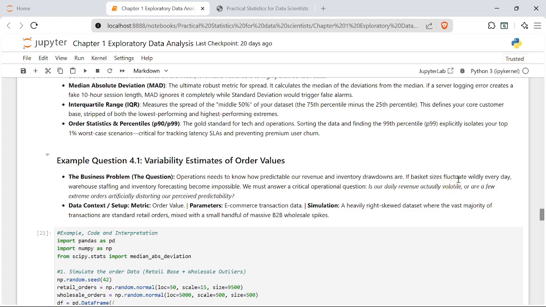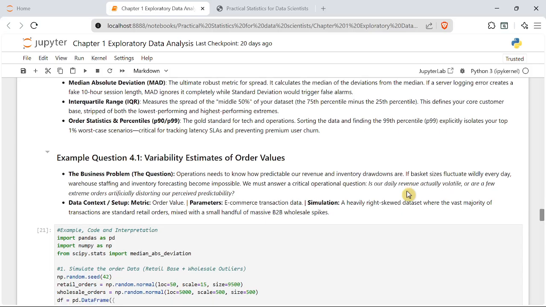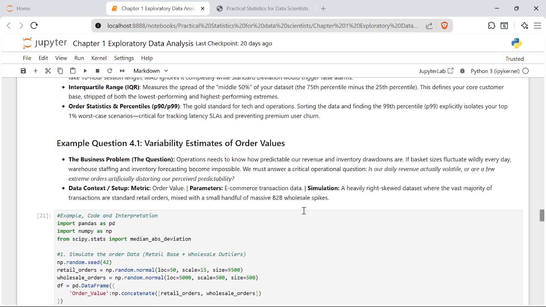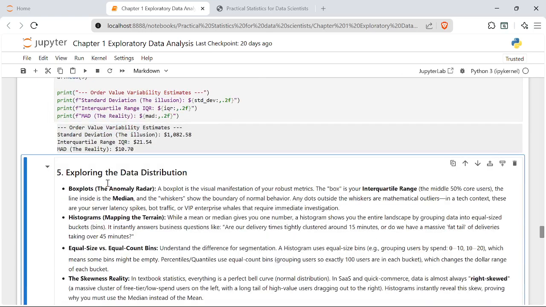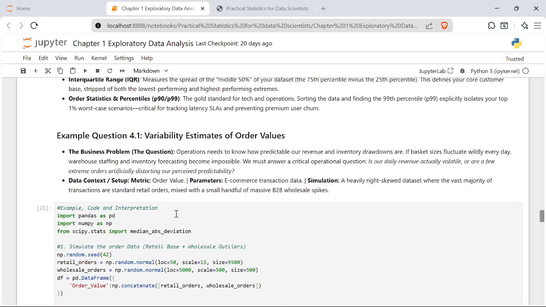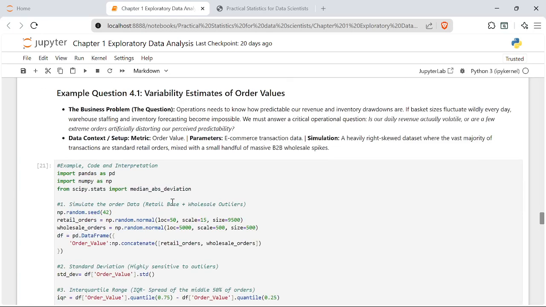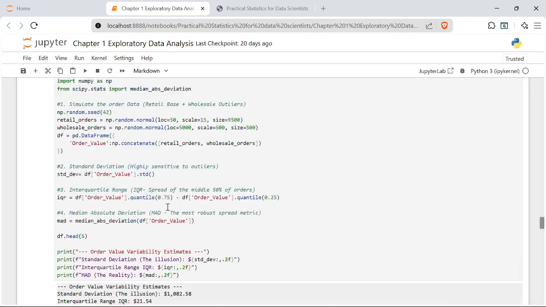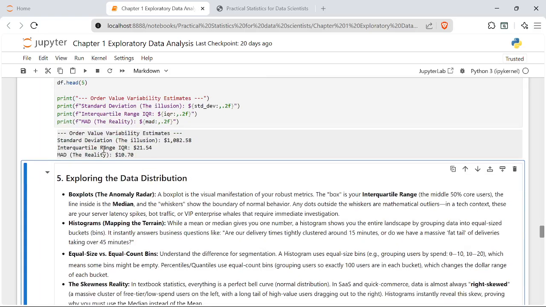If basket sizes fluctuate wildly every day, warehouse staffing and inventory forecasting becomes impossible. We need to answer a critical operational question: is our daily revenue actually volatile, or are a few extreme orders artificially distorting our perceived predictability? So, our daily revenue is very predictable, as you can see from the data.